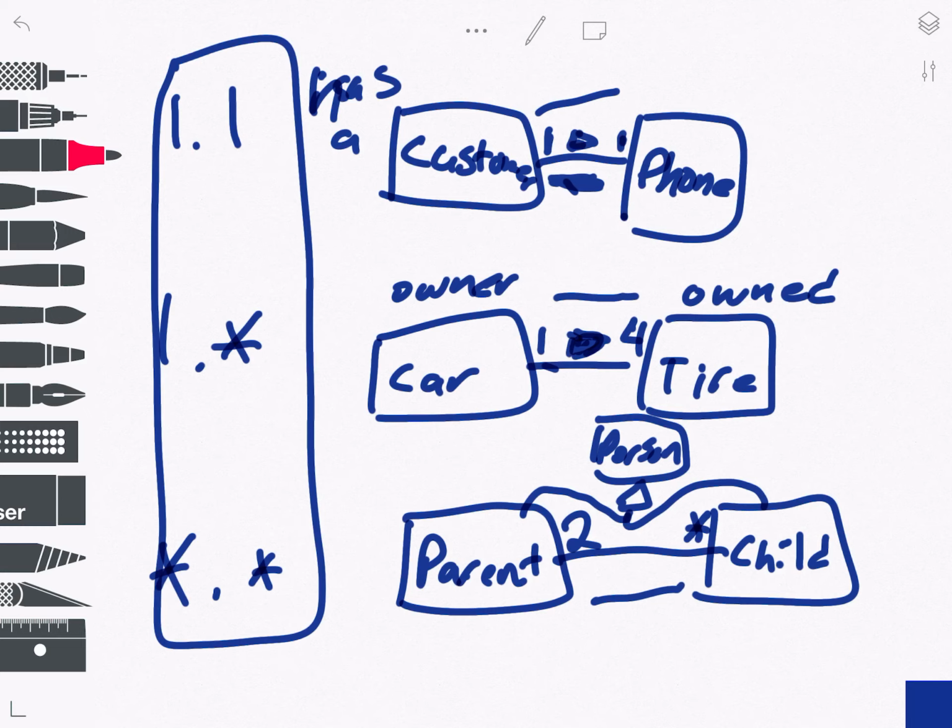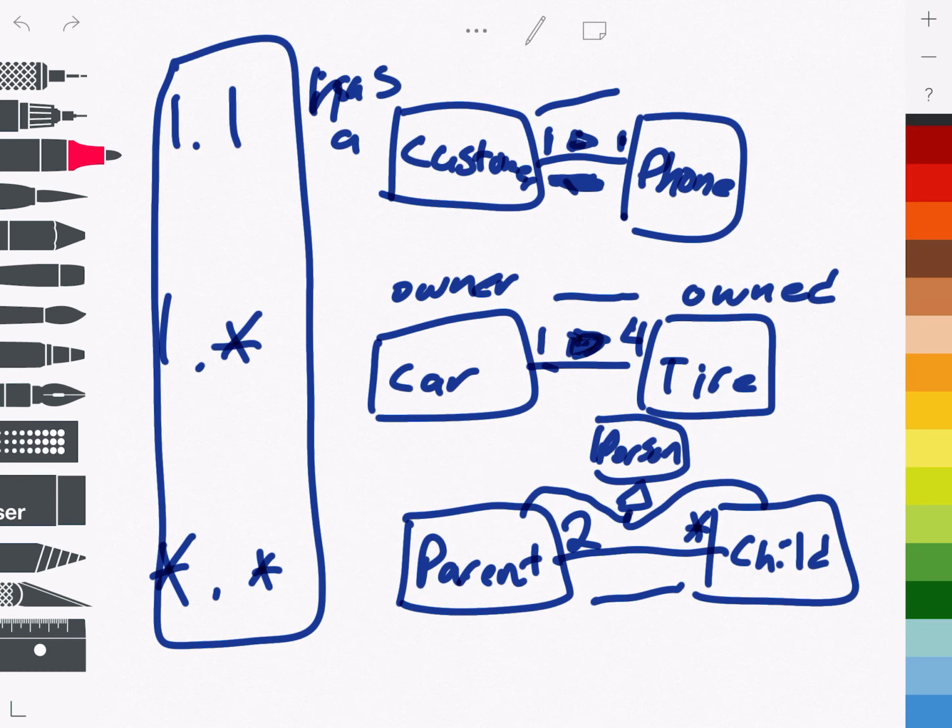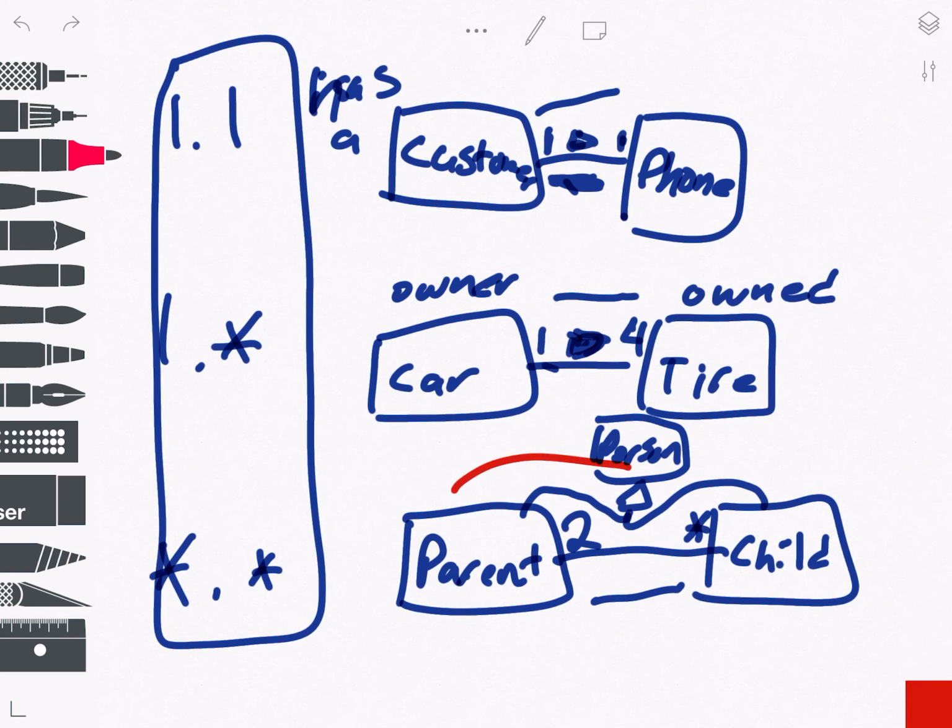Whereas this one here, this relationship here, let me draw that in a different color. Let me note that with a brighter, like a red color here, right? A parent is a person, a child is a person. This is a type of is a relationship. So make sure you know what the appropriate diagram representation is.